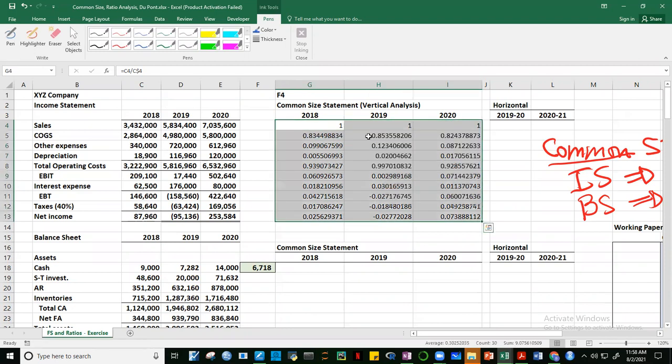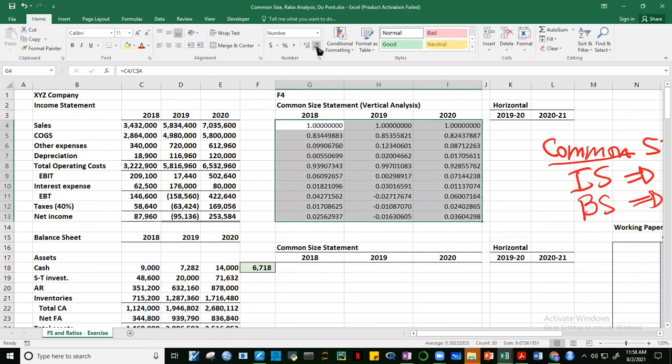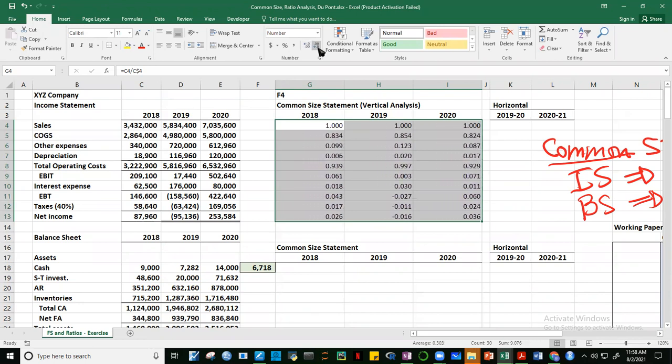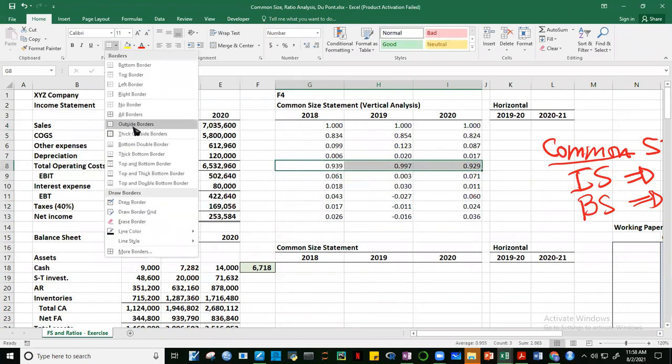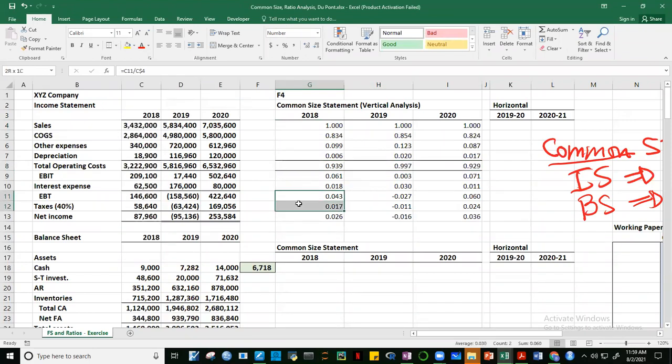So notice 100% na yung, let's make it 3 decimal places na lang. Okay? And then what we do guys is to follow yung formatting ng income statement. Para mukha pa rin siyang income statement, only that this is represented as common size. Common size statement pa rin siya, kaso in common size, ibig sabihin, everything is pegged to sales.